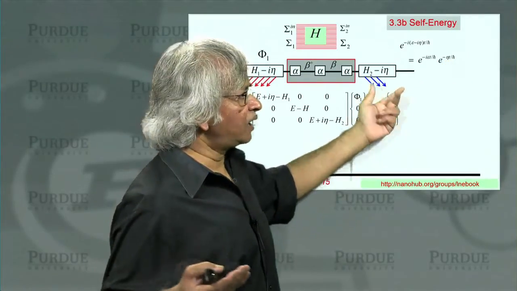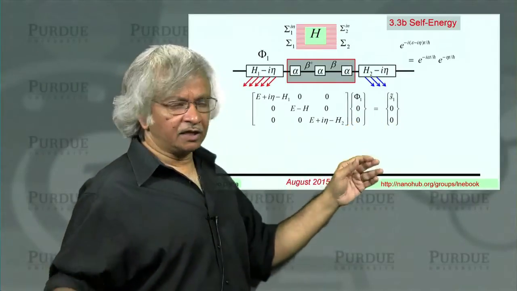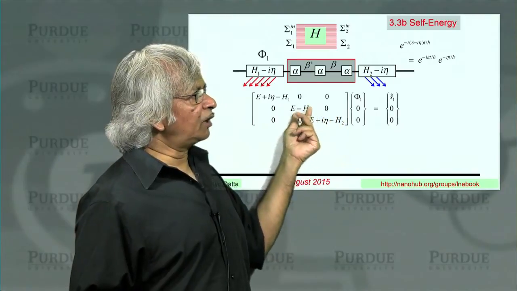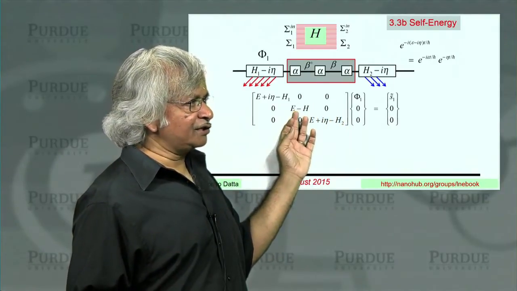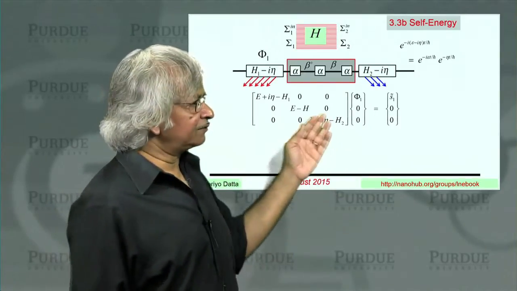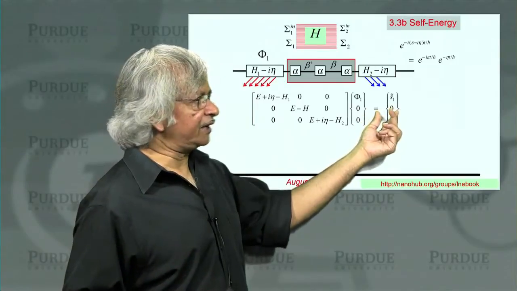Which is why in this contact, for example, the wave function is 0, because left to itself it just decays. The middle one, I haven't put in an i eta, so technically the wave function didn't need to be 0. But let's assume it's empty to start with, no electrons in there.